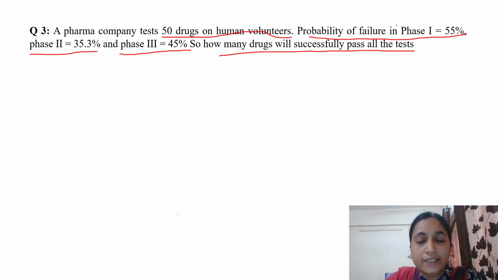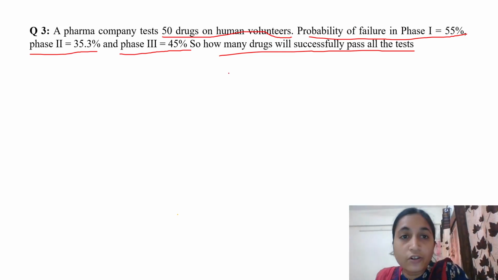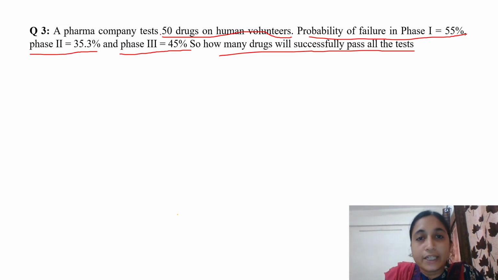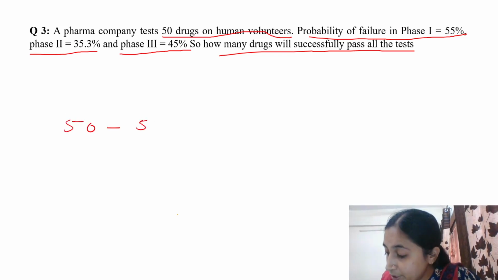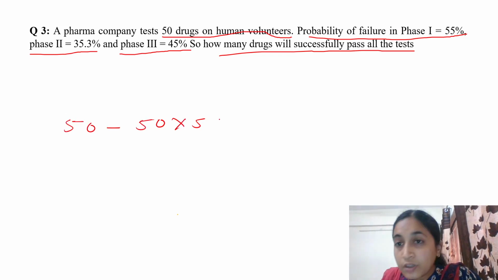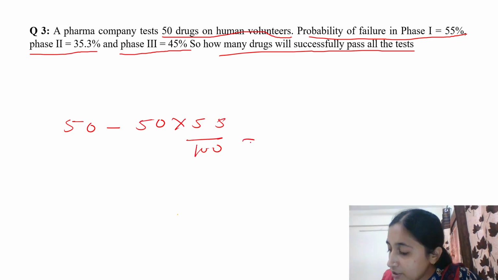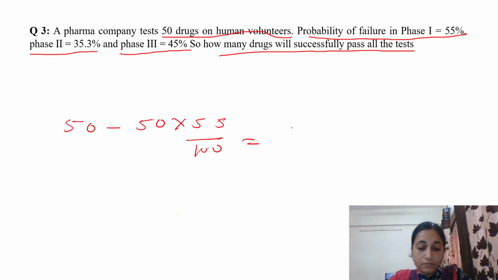Are you all connected there? Okay. So how will we calculate this? First we will find out how many drugs have passed phase 1. How many drugs are there? 50 drugs. So we will take 50 minus 50 into 55 upon 100.